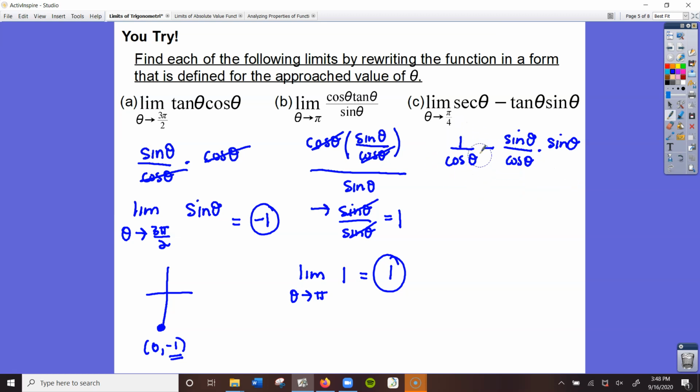I see that my first term is over cosine and my second term is also over cosine. These are two fractions with a common denominator, so I can combine them as one fraction. This would be 1 minus sine squared of theta all over cosine theta. Because I have this sine theta and sine theta over 1, when I multiply these two fractions, I get sine squared over cosine.